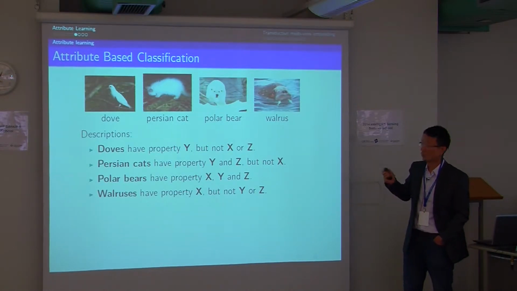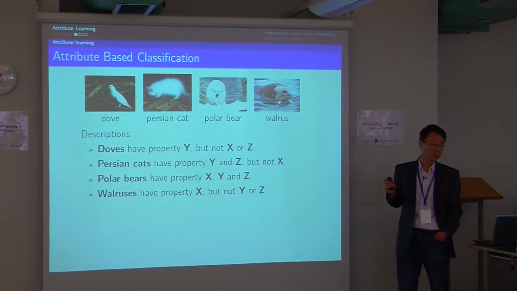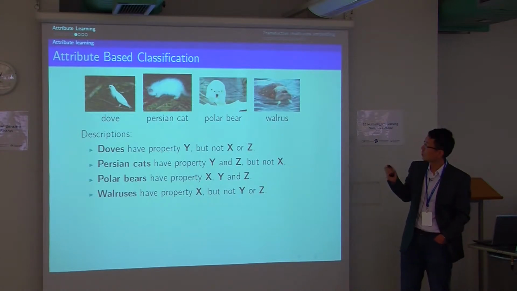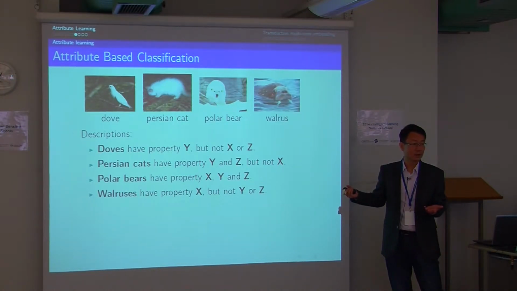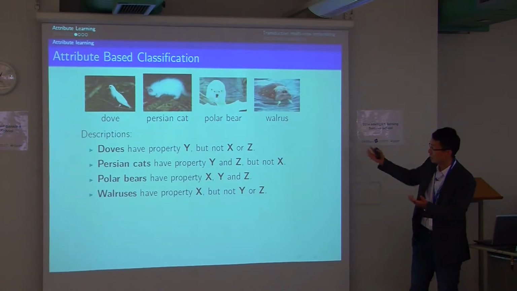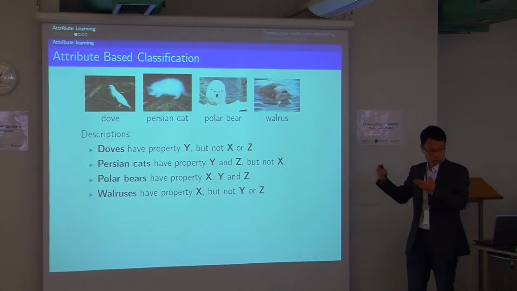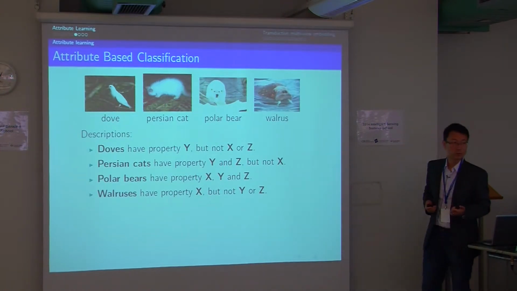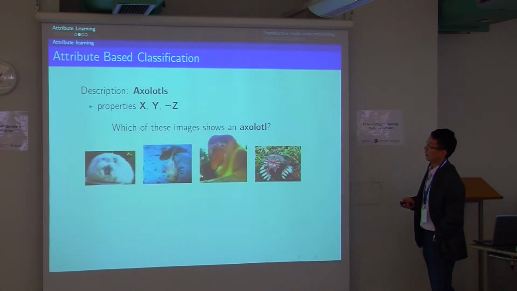So these two have something in common which is not contained in these two. So what do these two animals have in common? Water. They all live in water, right? And these two do not live in water. Yeah? So if you have a lot of examples with this type of description, you could basically figure out what X means, which corresponds to living in water. Right? So that's the general idea.